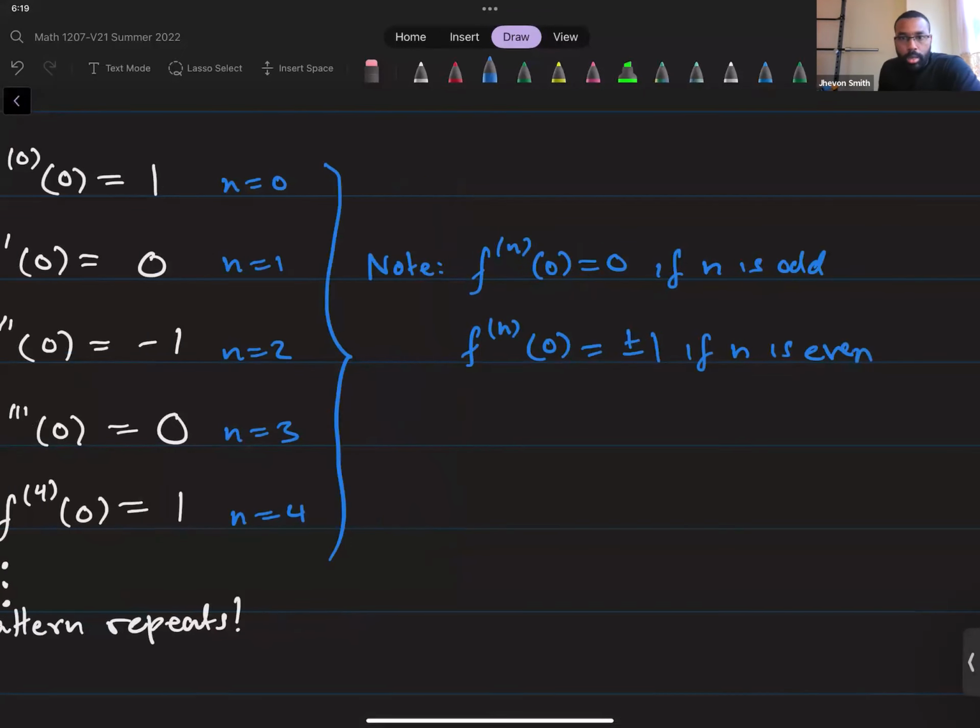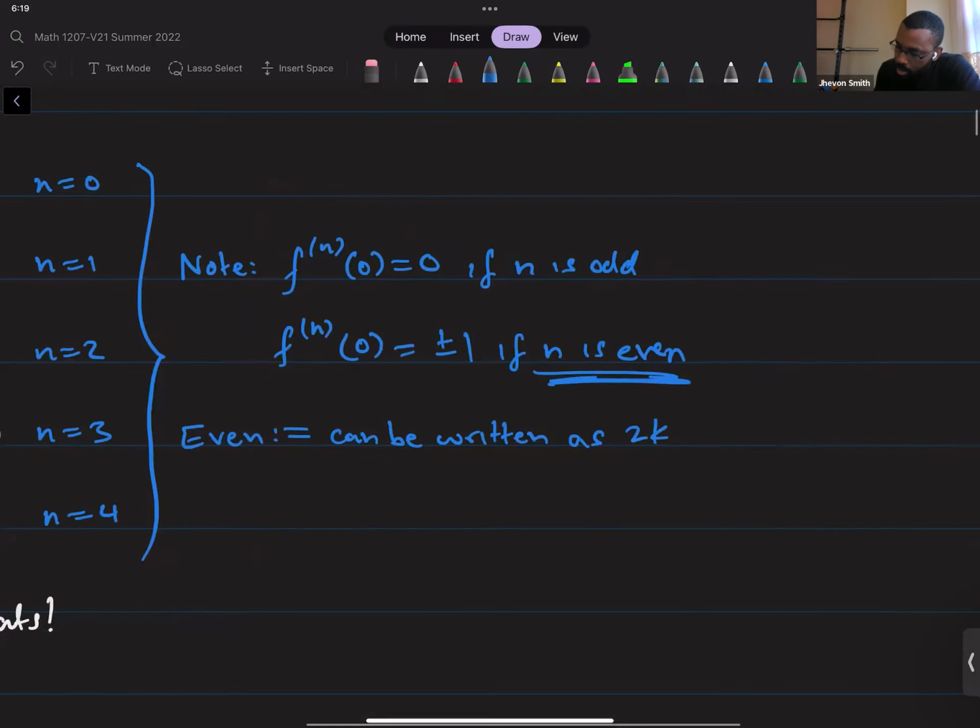Okay. Now, n is even. You have to remember what the definition of even is. So even means can be written as 2k for some integer k.